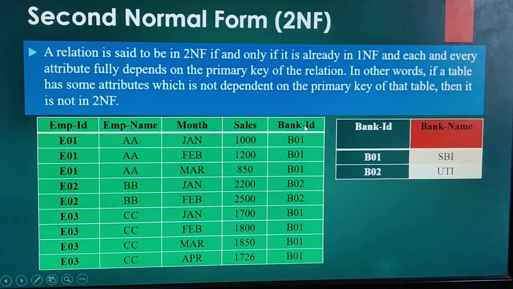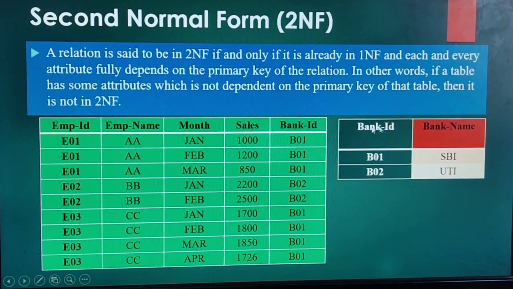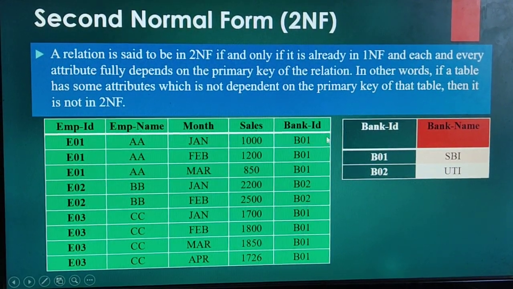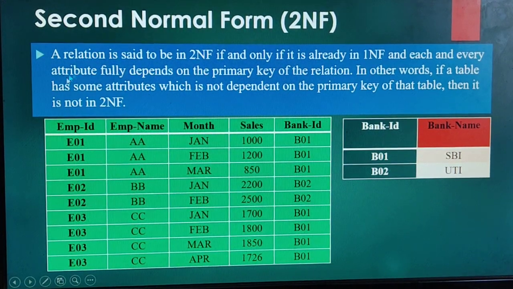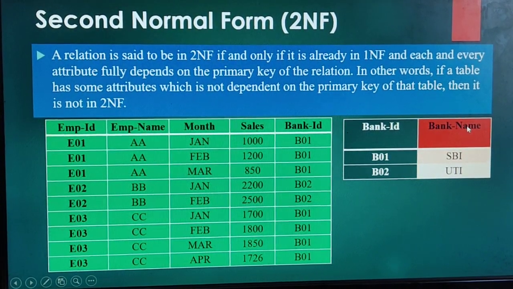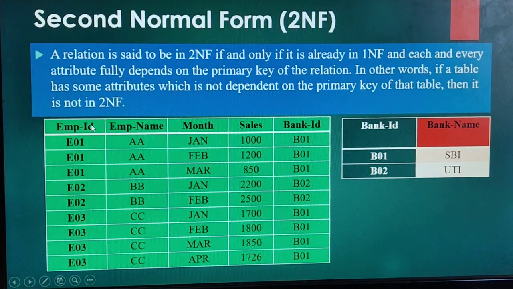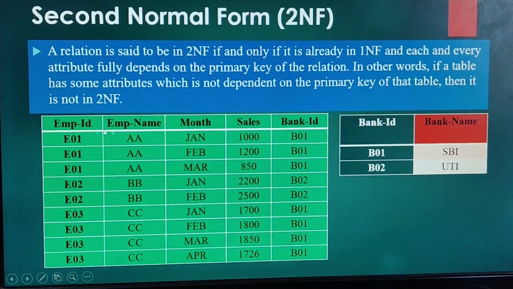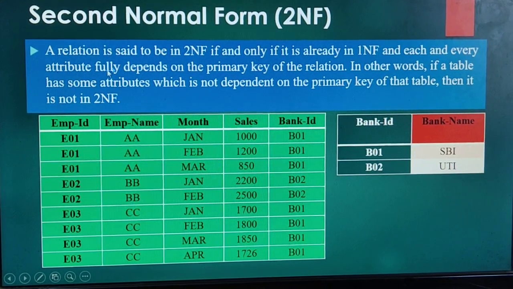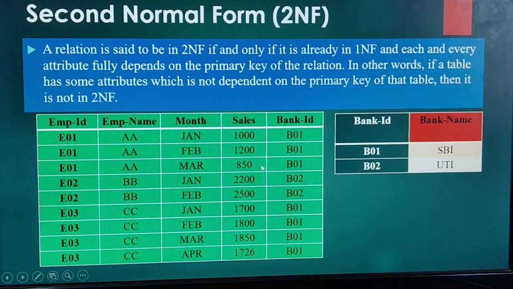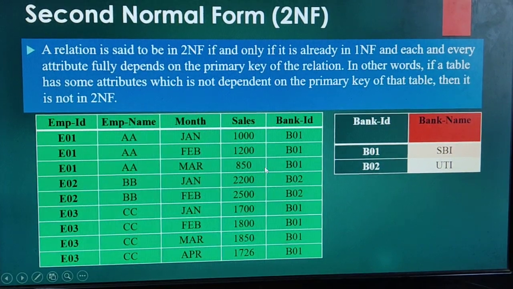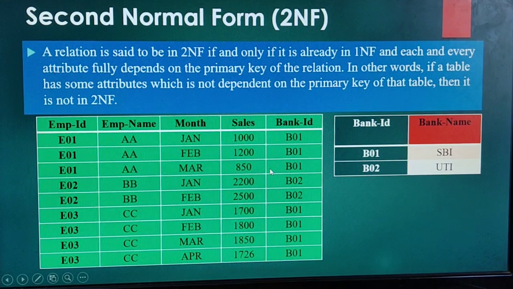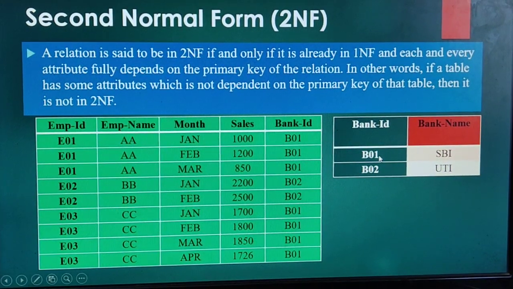Here you will find bank ID is repeated in both sub-relations. Why? It is to preserve the dependency. Bank name is not fully dependent on employee ID, that's why we have split it into these relations. This is how we decompose in second NF. If you find a number of attributes which can represent themselves as a primary key, you have to split.